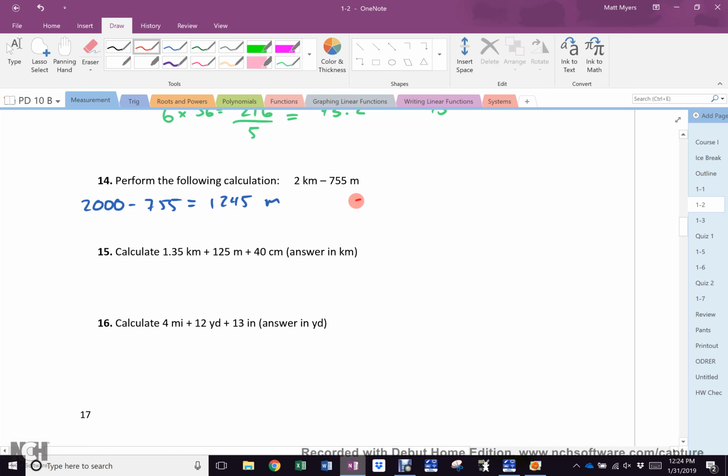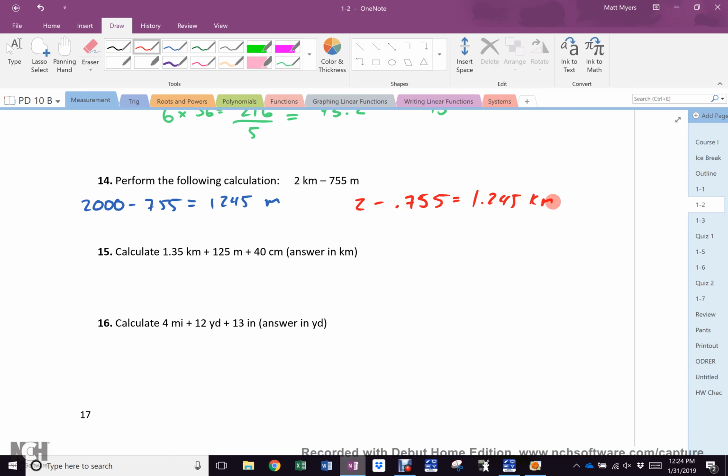Anu. 2 minus 0.755 and get 1.245 kilometers. Which one's better? Doesn't matter. Why? Because they're the exact same distance.